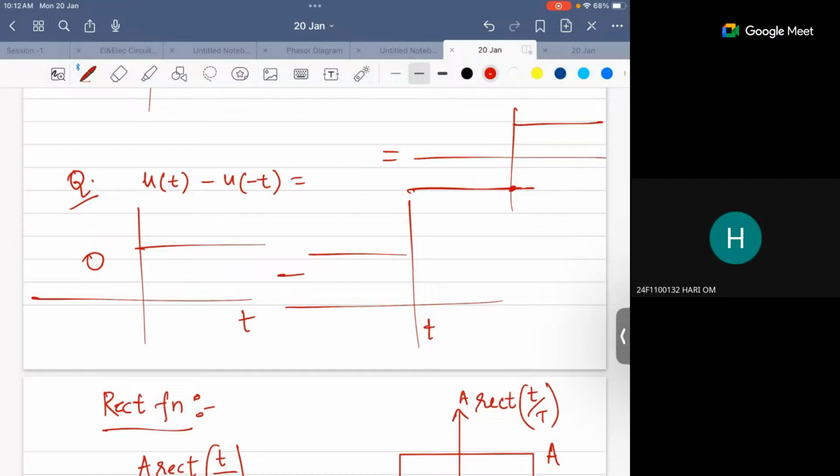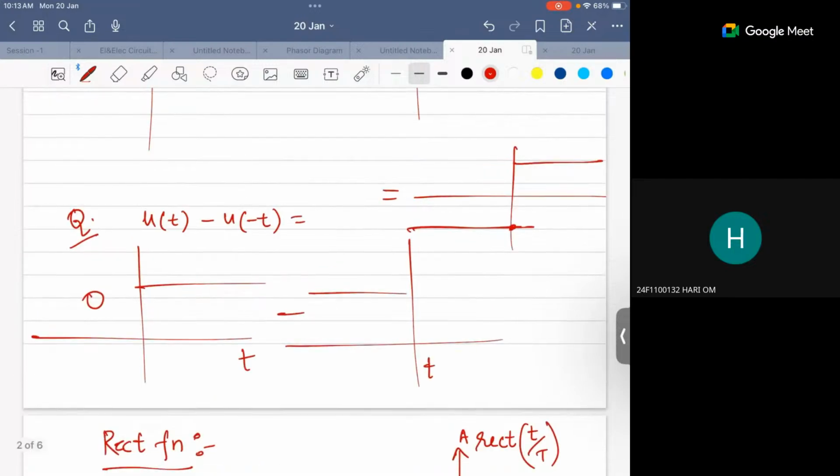So how does this function represent? Have you heard about this function anytime? Signum, I guess. Yes, this is a signum function. For t greater than 0 it is 1, and for t less than 0 it is minus 1, and for t equals 0, from the Gibbs phenomenon, because you have minus 1 on one side and 1 on the other, you take the average value wherever the function is not defined, from 0 minus and 0 plus.